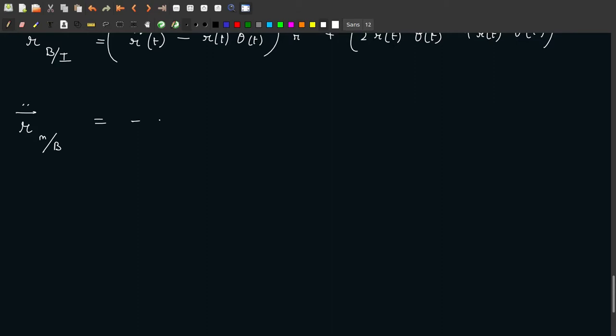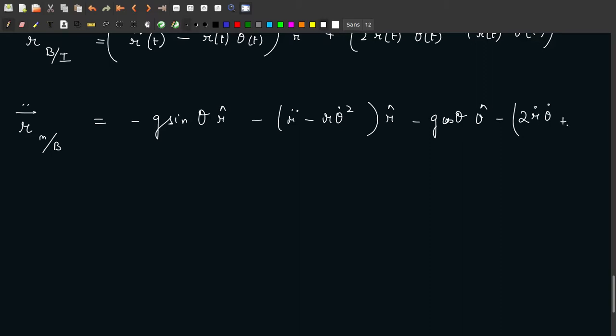It is equal to minus g sin theta r cap minus r double dot minus r theta dot squared r cap minus g cos theta theta cap plus, this will be minus twice r dot theta dot plus r theta double dot theta cap.